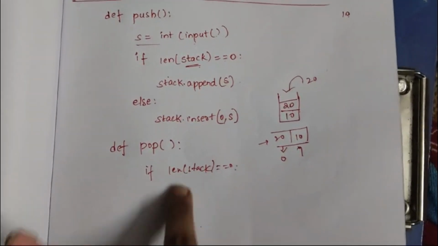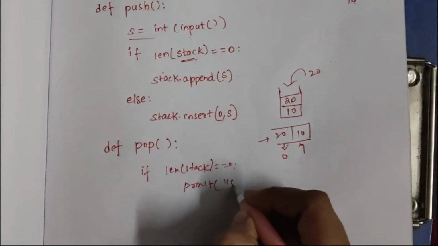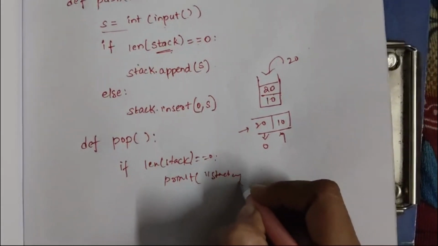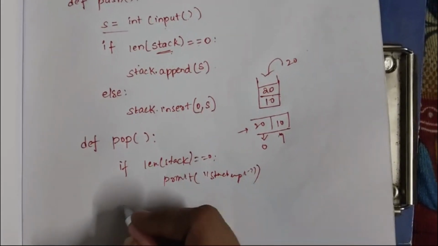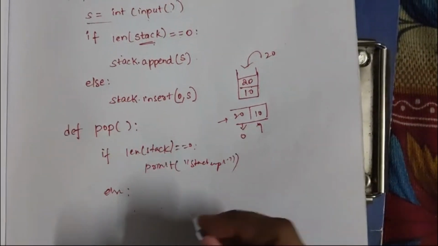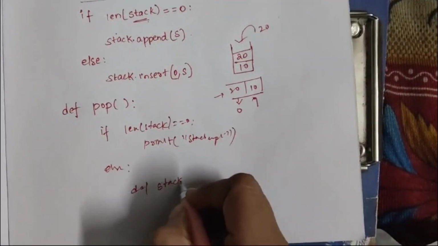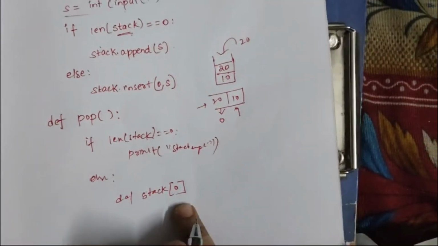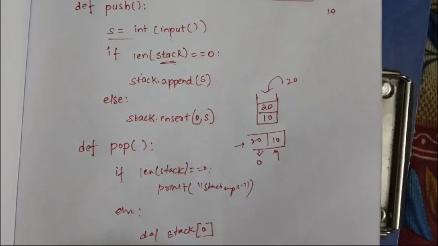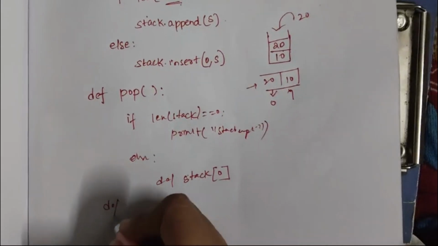If there is no element in the stack, then it needs to print stack empty, no element to print. Else it needs to delete the topmost element of the stack. So delete stack of 0. First the topmost element it needs to delete, right? So stack of 0.